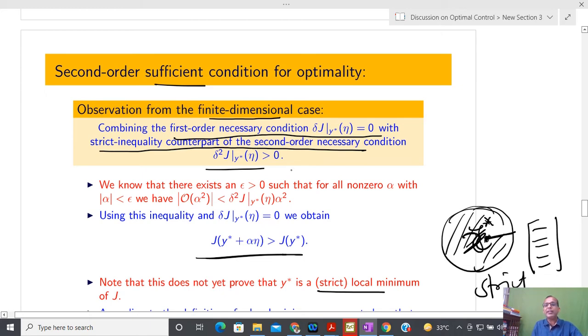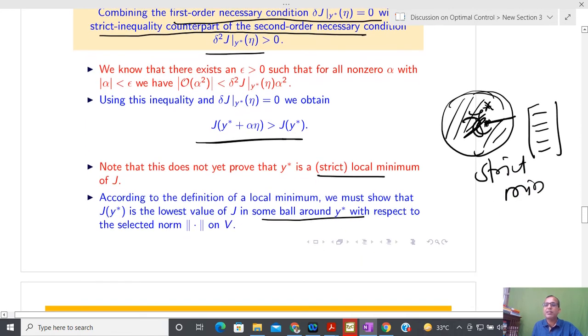In the finite dimensional case, if I have some subset that forms a compact set, a closed and bounded set, then I can say that x star for this function f of x, where our problem is Rn to R.